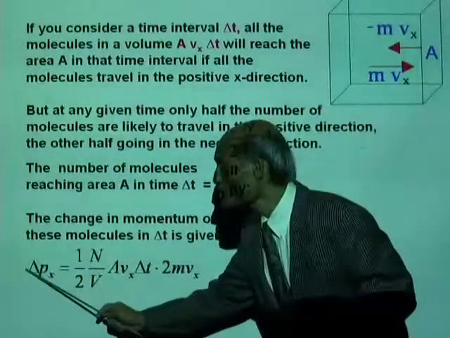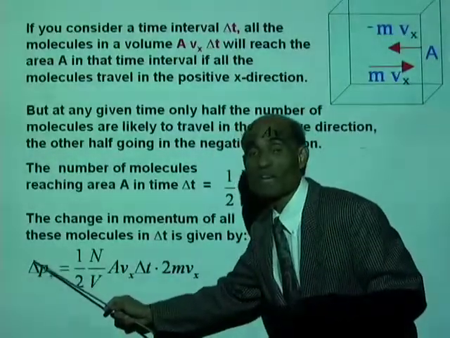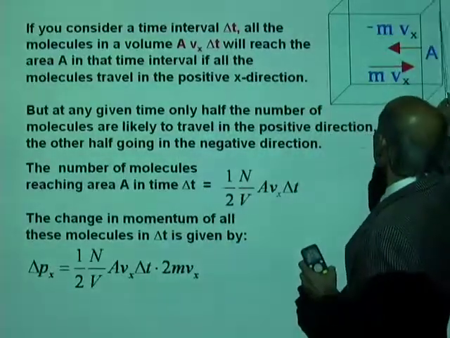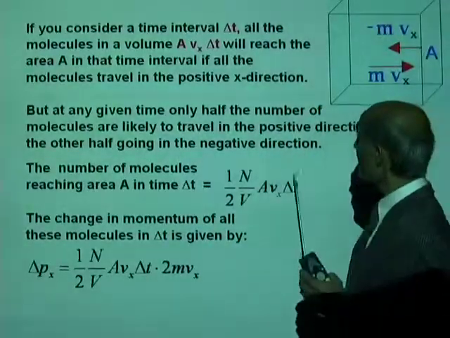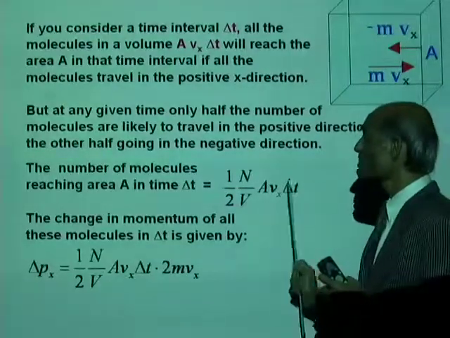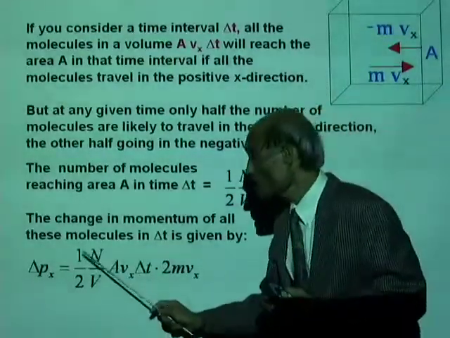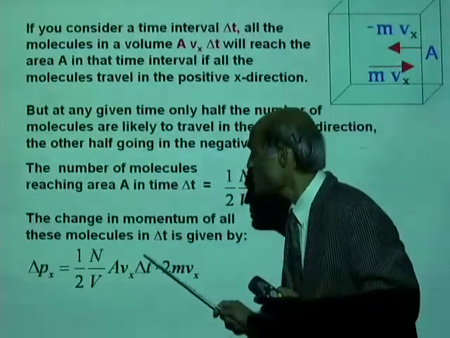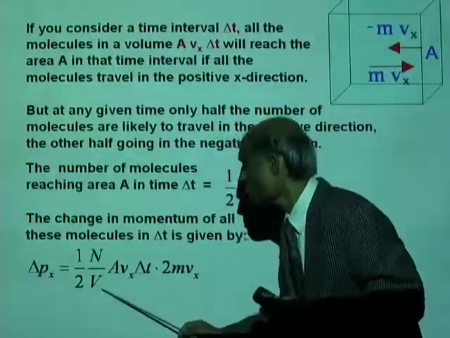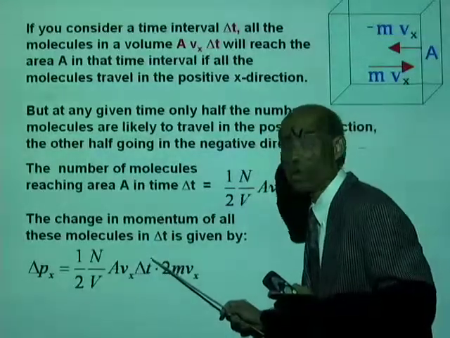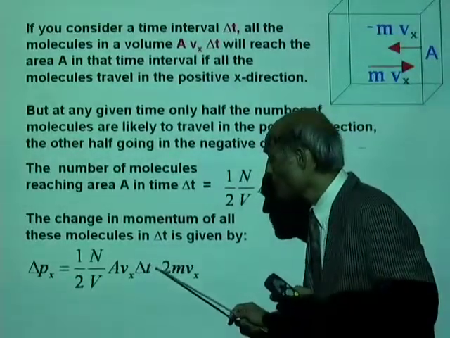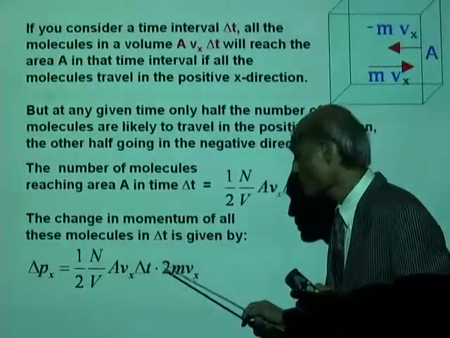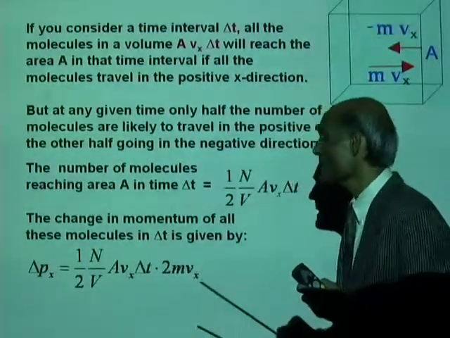So the total change in momentum experienced by all the molecules that reach this wall of area A in this time interval delta t is 1/2 n over V A Vx delta t, that is the number of molecules reaching the wall in that time, multiplied by the change in momentum of each molecule, that is 2mvx.